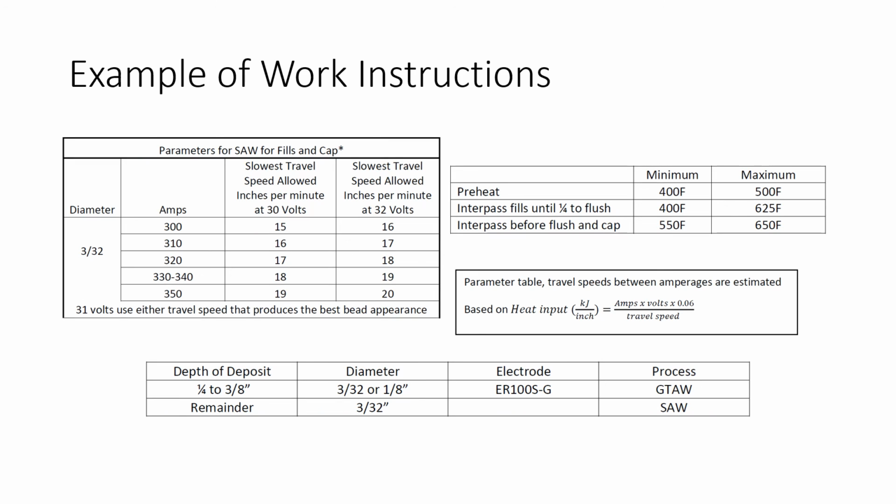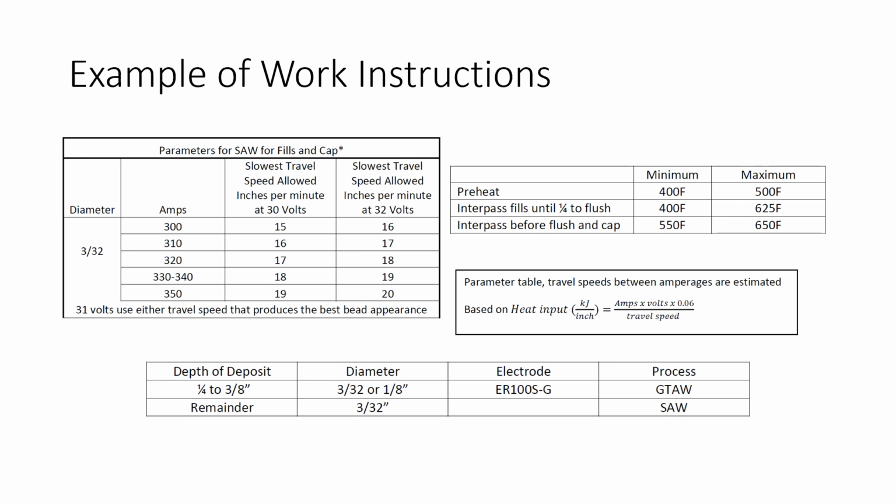So sometimes you might give them a little table that explains travel speeds and whatnot, and it gives you the amps, the volts, all that kind of information, so that you're trying to set the welder up for success, so that you don't have to do this qualification test coupon, your PQR test coupon, multiple times.